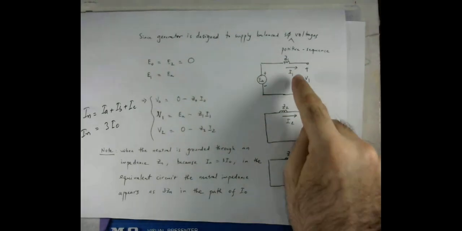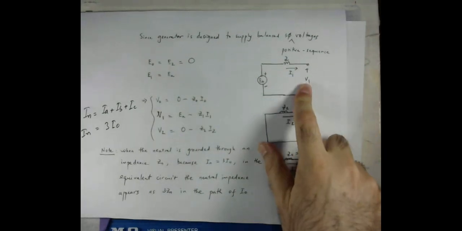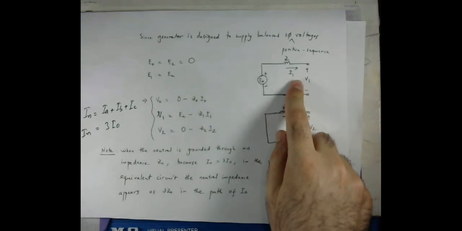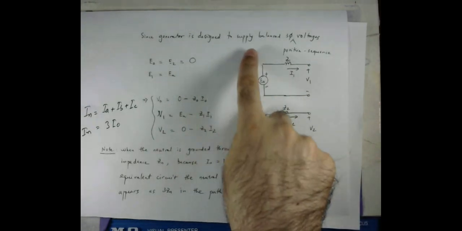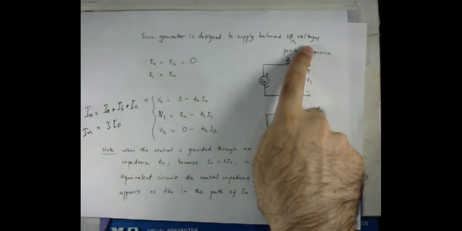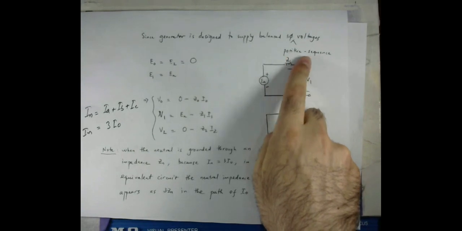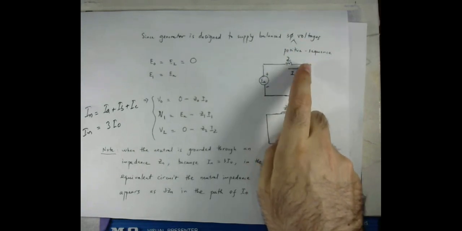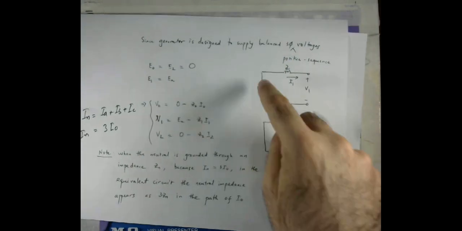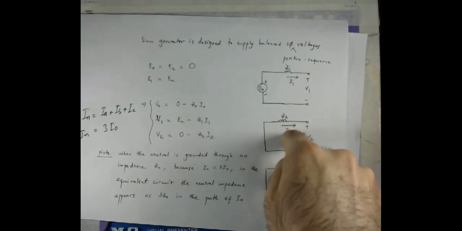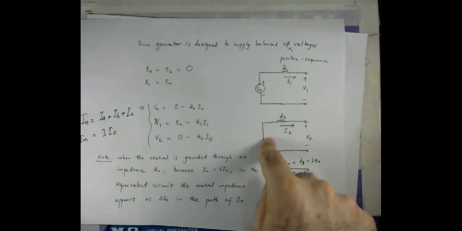The observations once again are that only in the positive sequence network is the voltage source there. In the other two networks there are no voltage sources, because we are considering the case of balanced three-phase voltages. Since the system has positive sequence, ABC sequence, only in the positive sequence network do we have a voltage source. In the other two networks we do not have any source.